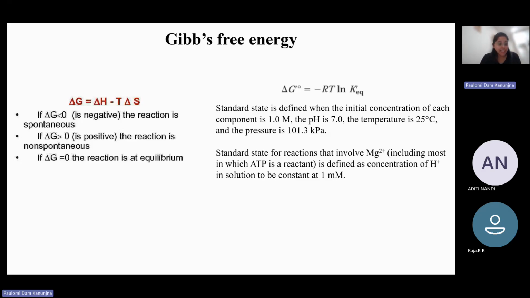Delta S, S is entropy. So entropy, as I have already mentioned so many times, is basically about the randomness or disorder or chaos in the system, right? So when the products of a reaction are less complex and more disordered than the reactants, the reaction is said to have a gain in entropy. So listen to this.